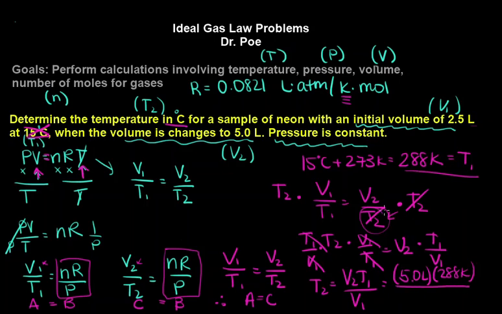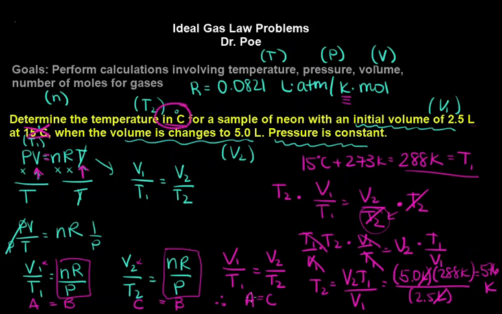And then our V1 is the initial volume of 2.5 liters. Okay, so doing that calculation, we're going to plug in 5 times 288 divided by 2.5. That gives us a value of 576 Kelvin, but they want this in Celsius.